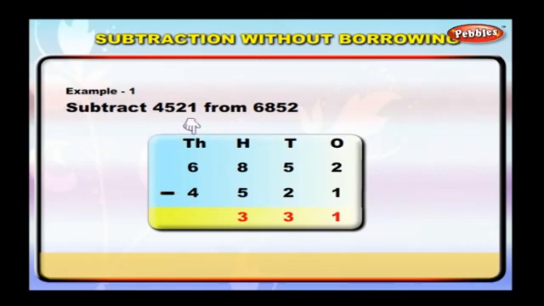Subtracting thousands. 6 thousands minus 4 thousands is equal to 2 thousands. We write 2 under the thousands column. Thus, 6,852 minus 4,521 is equal to 2,331.